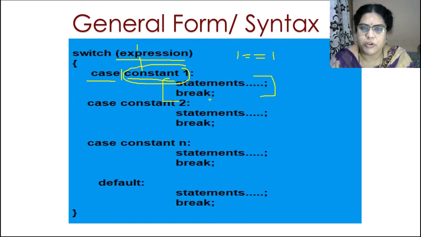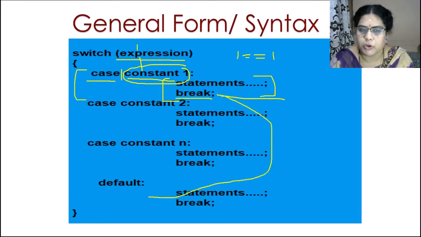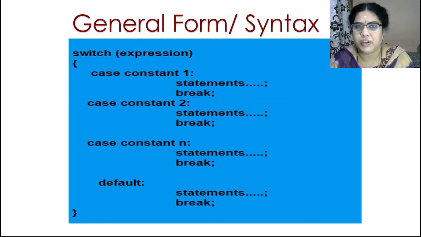There is one more important keyword here, which is known as break. Break is a jump statement. What the break does in the switch case is, after this case is executed, the break will help you come out of the switch block. This is how your switch statement works. Only one condition can be executed at a time.